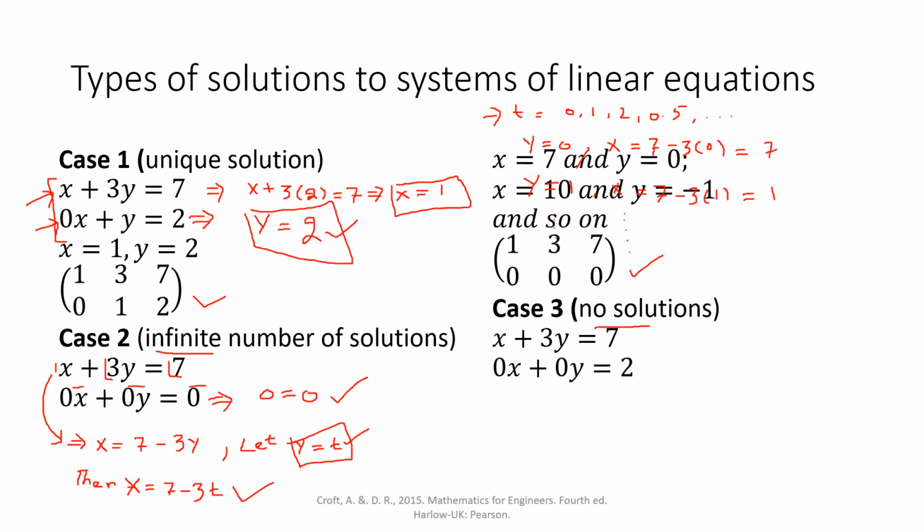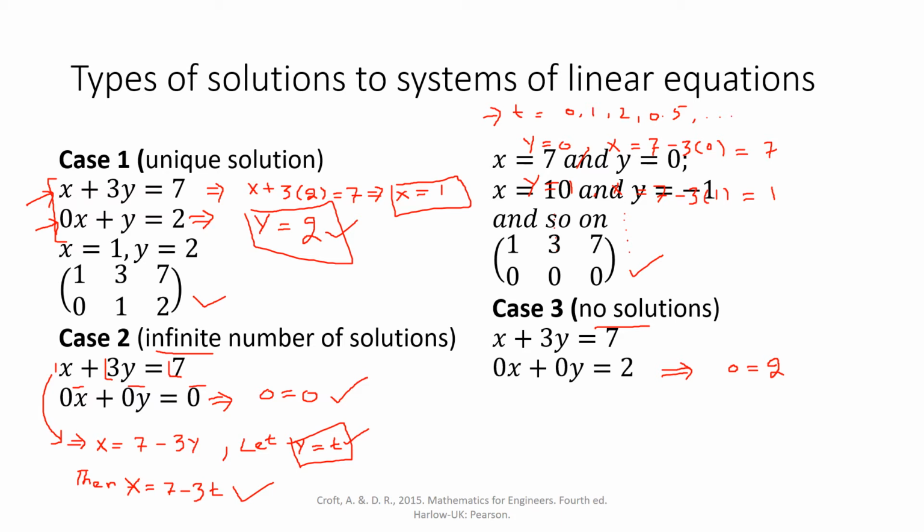I have another equation. In this system of equations, the second equation tells me that the left side is 0 and the right side is equal to 2. So 0 equals 2, it doesn't make sense.